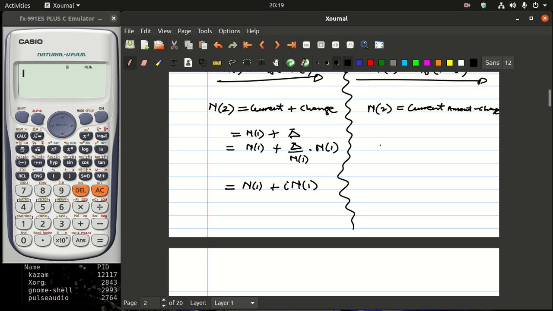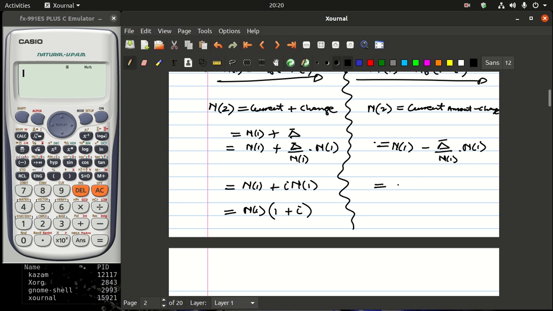The same thing this side, I will end up having n of 1 minus delta, and then you divide this by n of 1 times n of 1. And then here I can factor out n of 1, and I'll be left with 1 plus I. This is just n1, and when you're taking it out, we're left with that.